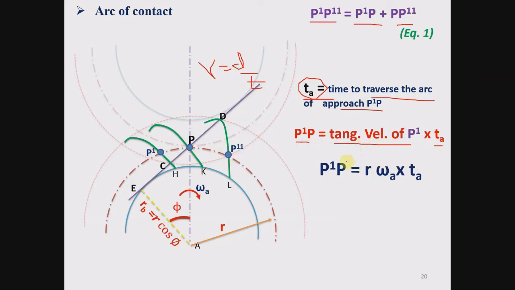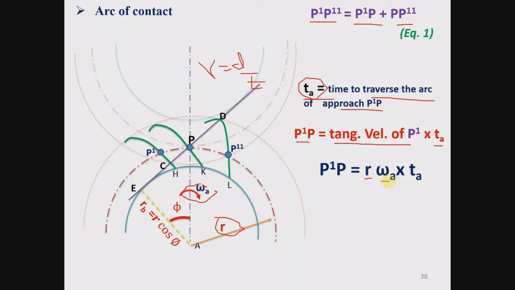Now P dash P is equal to, what is the tangential velocity of P dash? It is the radius of rotation of P dash, means the radius of the pitch circle, because point P dash is moving along the circumference of the pitch circle. So its radius of rotation is the pitch circle radius R. And its angular velocity will be the velocity of gear 1, because point P is moving on the pitch circle of gear 1.